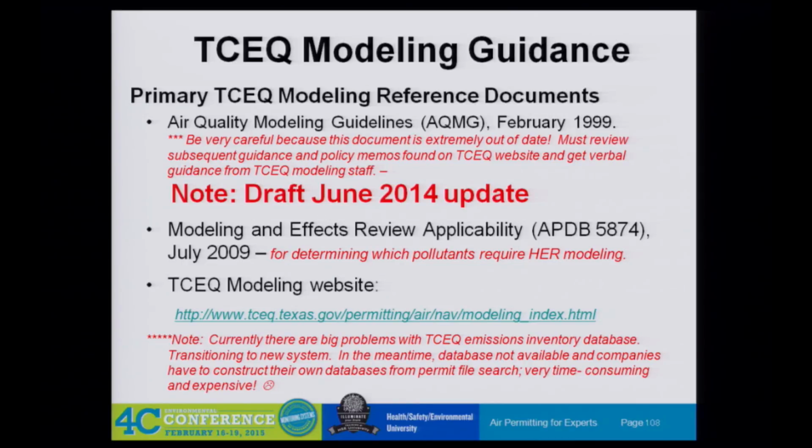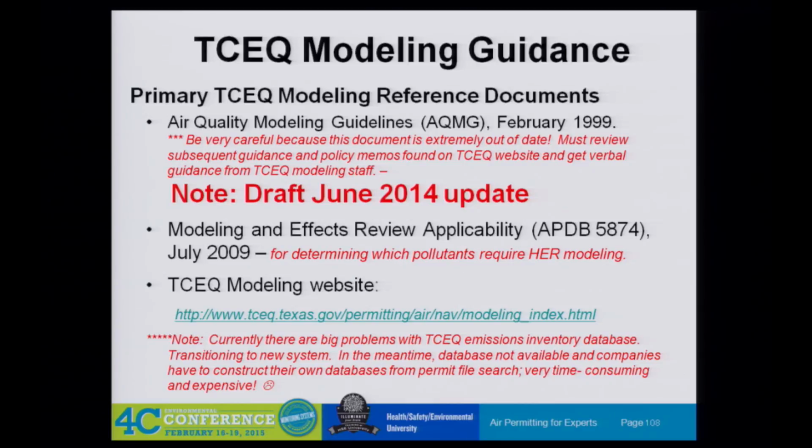Another footnote that my modelers put in, so I'll just read it to you. Currently, there are big problems with the TCEQ emission inventory database, and they're transitioning to a new system. In the meantime, these databases are not available, and companies have to construct their own databases from permit file search, which is very time-consuming and expensive. Frowny face. What she's talking about is if you trigger PSD and you have to get all these things within this 50-kilometer radius.